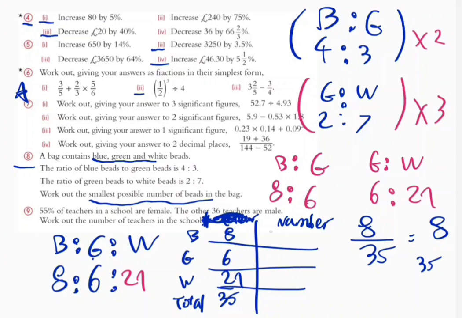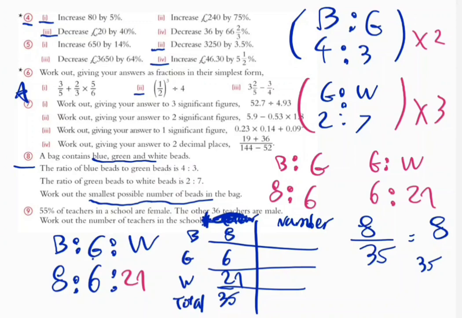So that's the analogy that we need to use here in order to be able to do the question. By using that, we can say that in the smallest possible case, that just means that we have only 8 blue and 6 green and 21 whites. In total we are going to have 35 beads, because remember that for ratios we usually have a coefficient that we multiply each of them by.